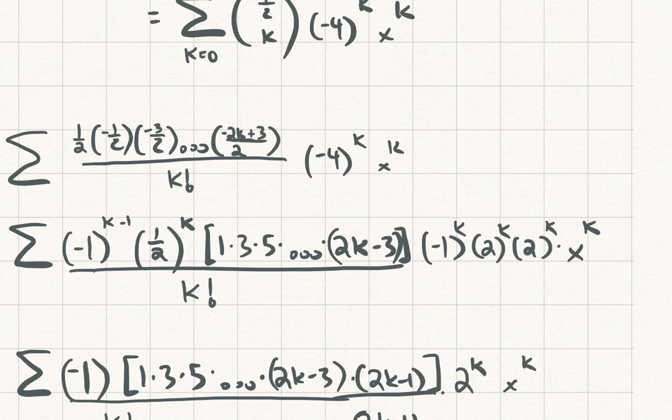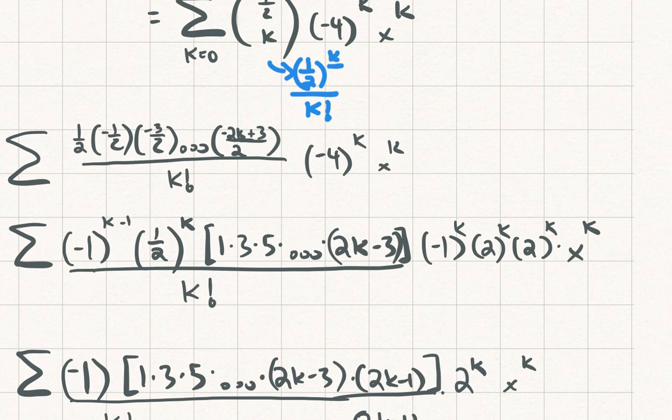Now, remember, 1/2 choose k is just a half falling factorial k over k factorial. So I'm going to write that out because I want to take out a lot of common things here.